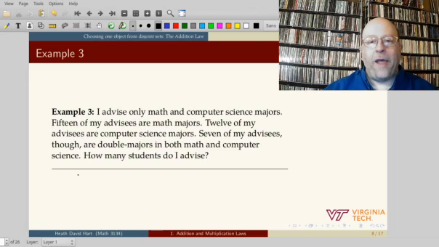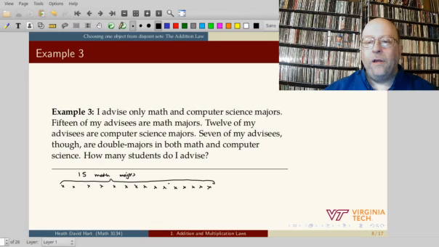So I have 15 math majors. And then I have 12 computer science advisees, but 7 of them have already been counted because they were double majors in both math and CS.